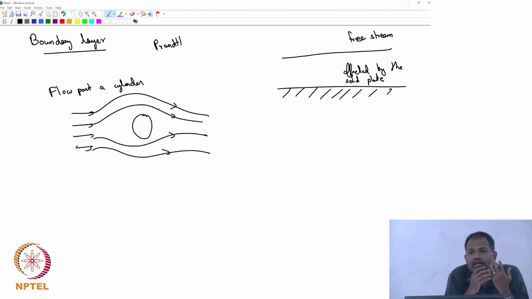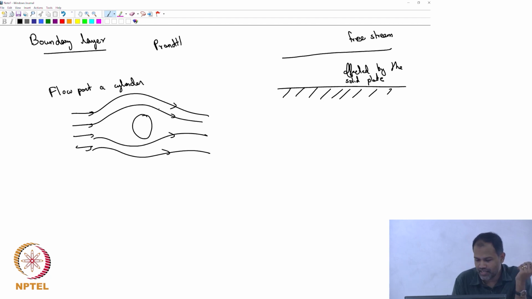Then Prandtl came up with this idea of the boundary layer. What he said is that however large the Reynolds number is, there is always going to be a thin layer of fluid very near the boundary where you cannot neglect viscous forces.